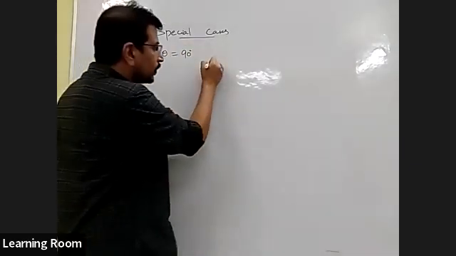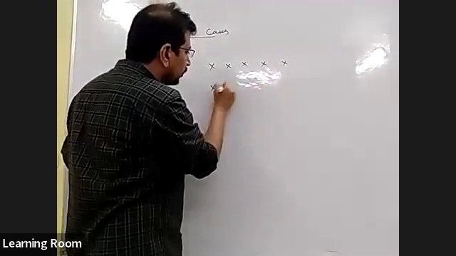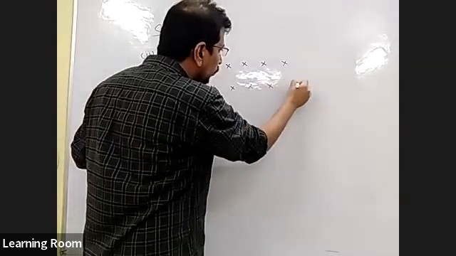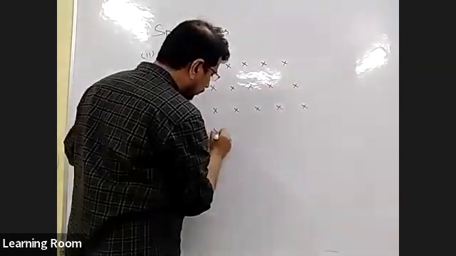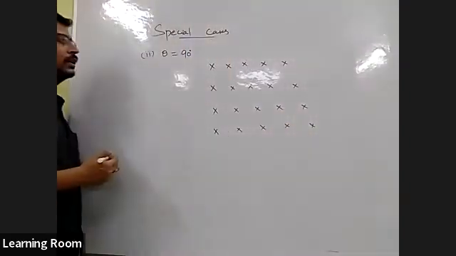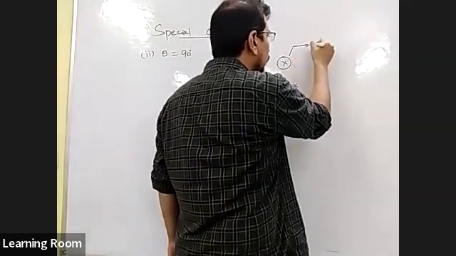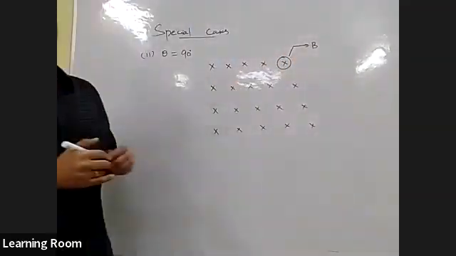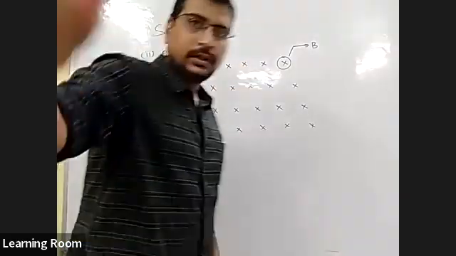Let us say I have magnetic field which is being directed into the plane of the paper. Okay, this is the direction of whom? This is the direction of magnetic field. Means the magnetic field is like this, right?